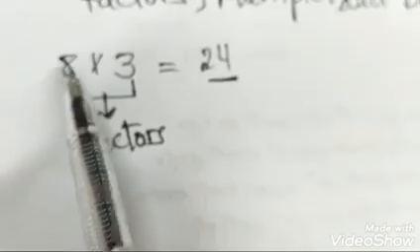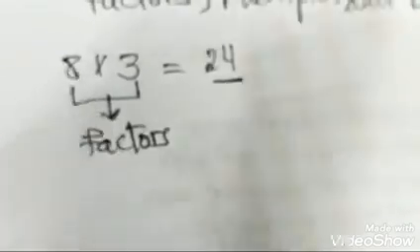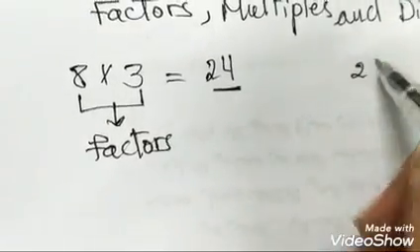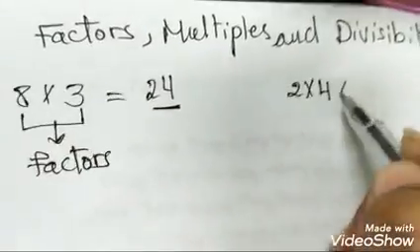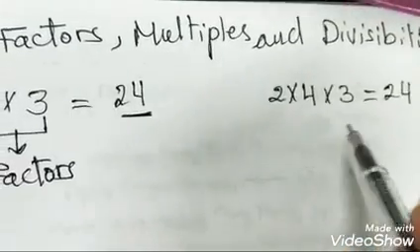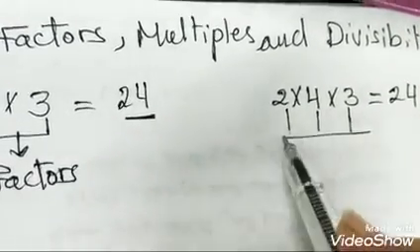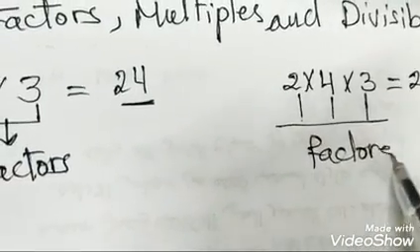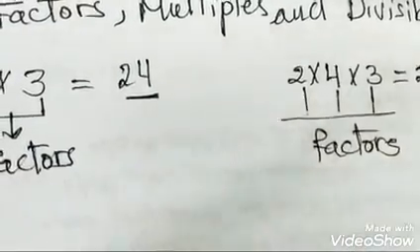And this factor can be analyzed to be 2 times 4, so 2 times 4 times 3 equals 24. So these numbers are also factors of the number 24.